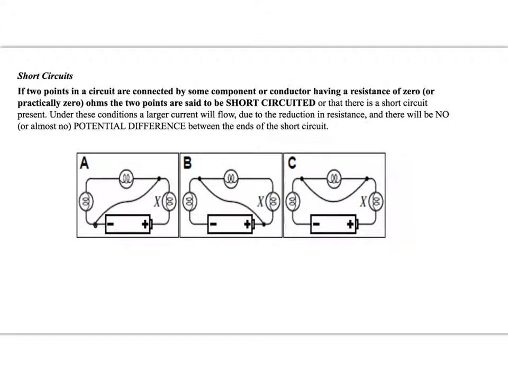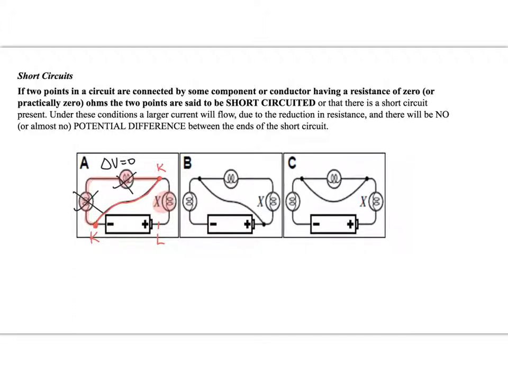Let's say this has a potential K and this has a potential L. You see that there is a short circuit here, so this point has also a potential K. So these two resistors are between the points KK, which has no potential difference. So there will be a short circuit and only this lamp will shine.